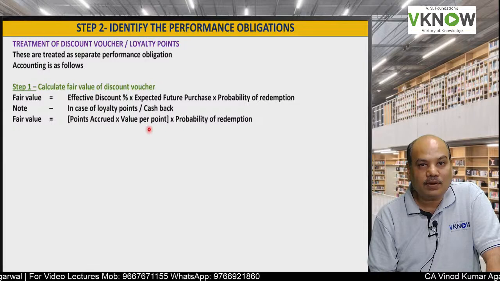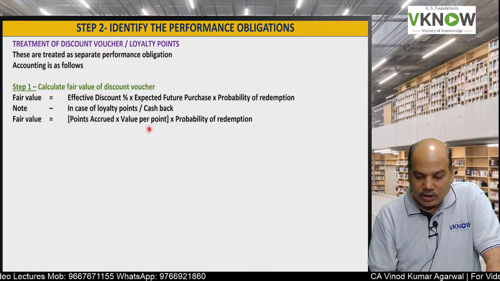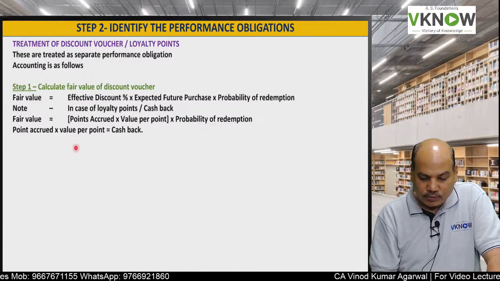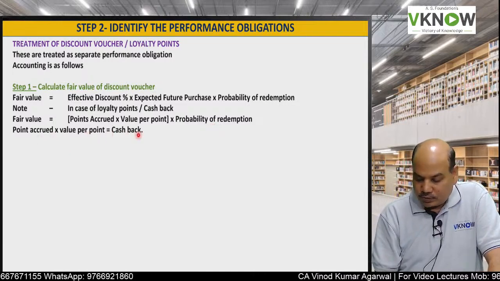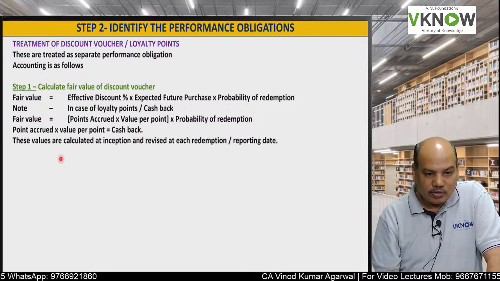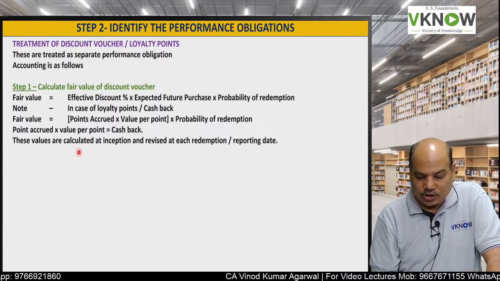So this is how you will do the valuation of that discount voucher or loyalty points or cashback: points accrued into value per point into probability of redemption. Points accrued into value per point is equal to cashback. So depending on the scheme, we will do the calculation of fair value of discount voucher, loyalty points, cashback.